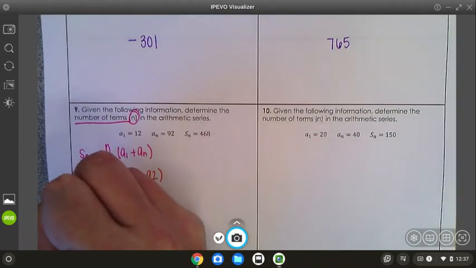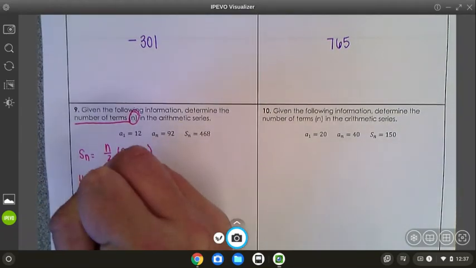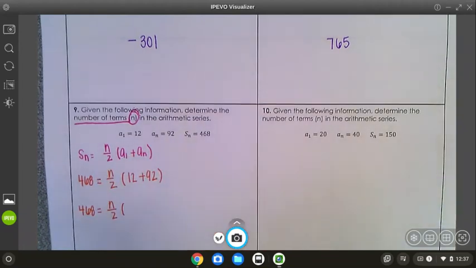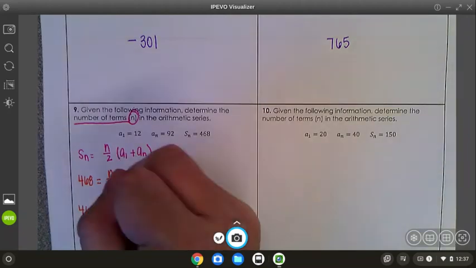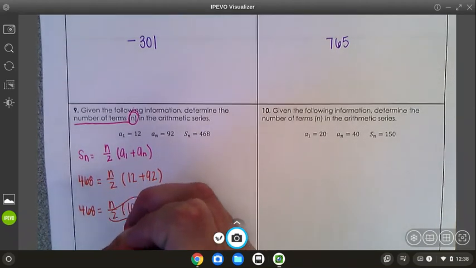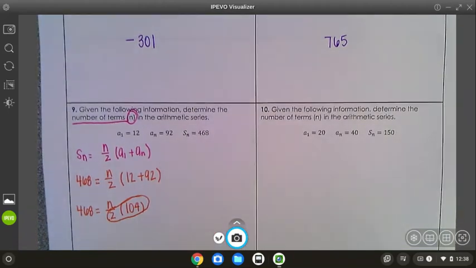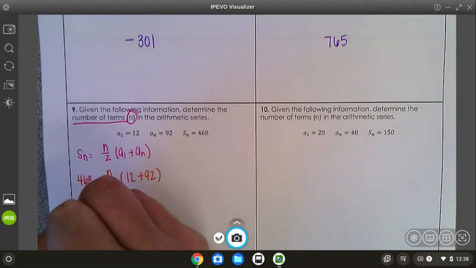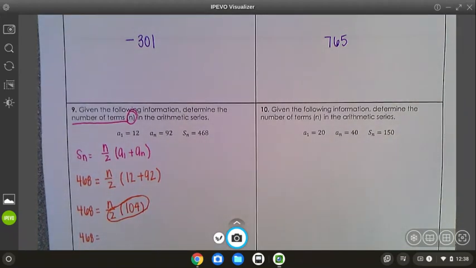So 12 plus 92 is 104. For this step, you have a couple options. You can go ahead and do 104 over 2.